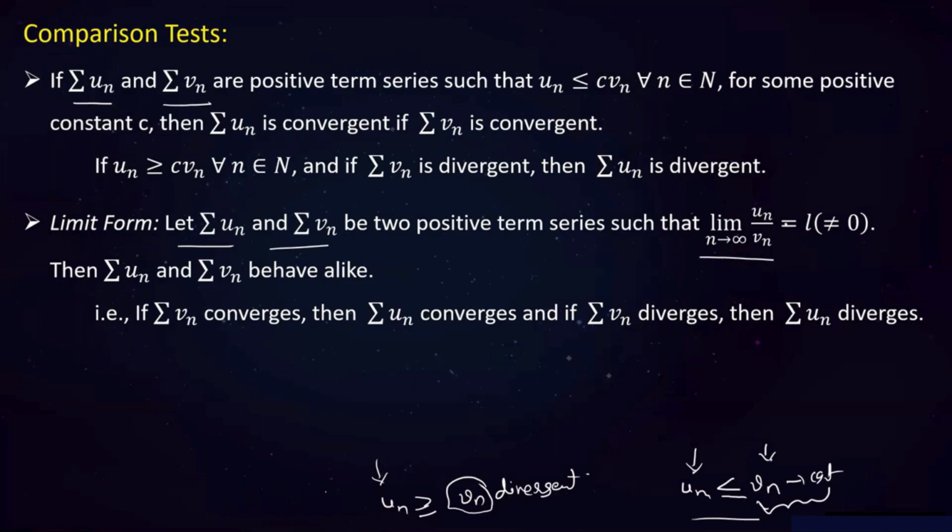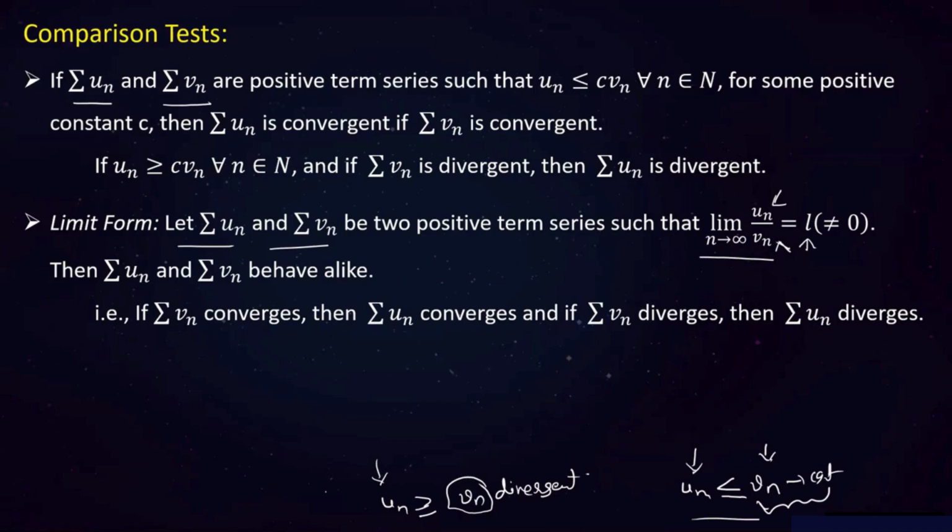If you evaluate this, and if that limit is a finite value which is not equal to 0, I don't want the limit to be 0 here, remember. When the limit is 0, either un approaches 0 or vn approaches infinity. They are going in two different directions. One is a convergent series, the other is a divergent series. That's how we cannot speak anything about un and vn here.